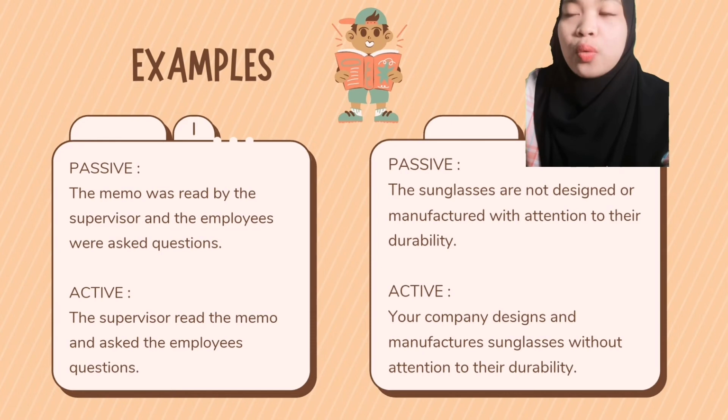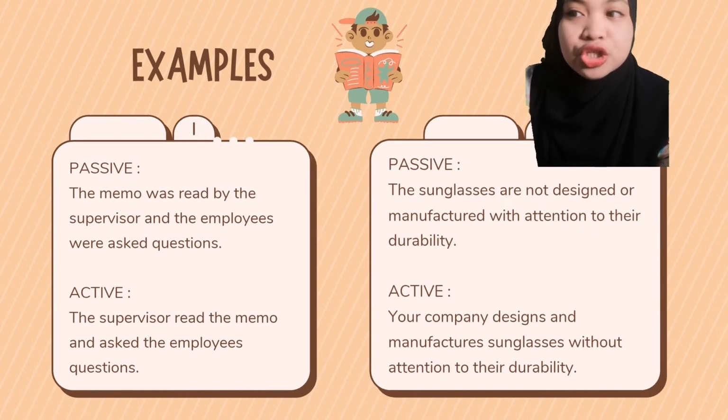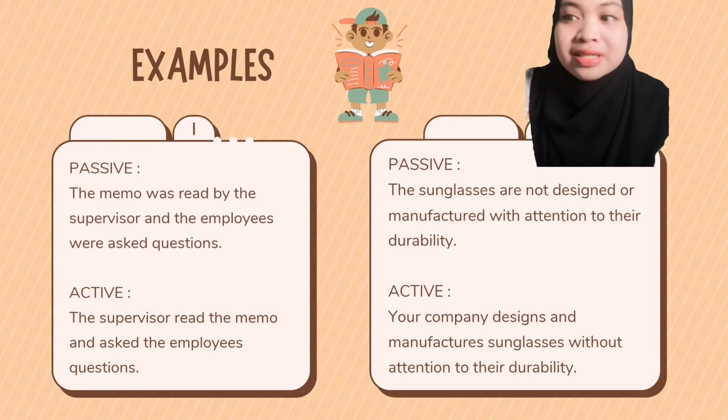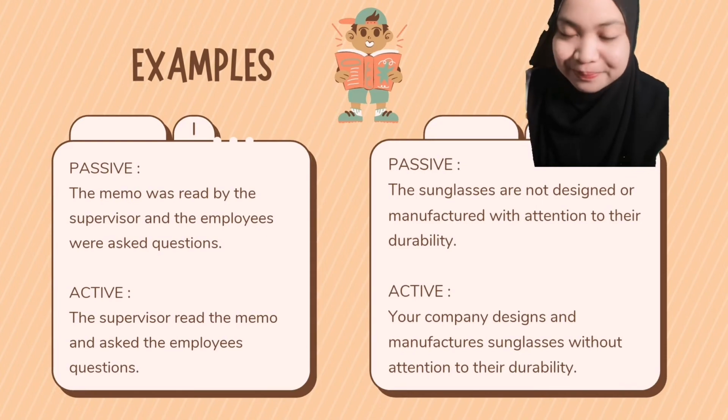The last example, in passive: "The sunglasses are not designed or manufactured with attention to their durability." Changed to active: "Your company designs and manufactures sunglasses without attention to their durability."